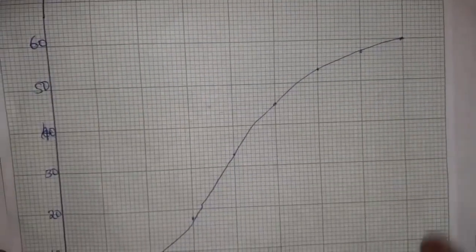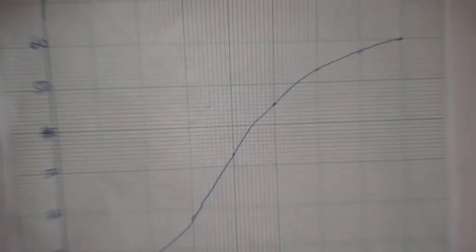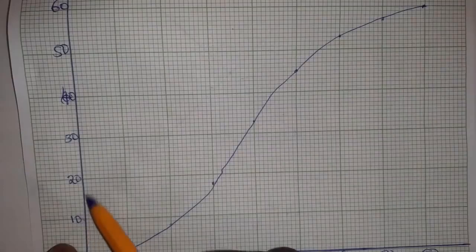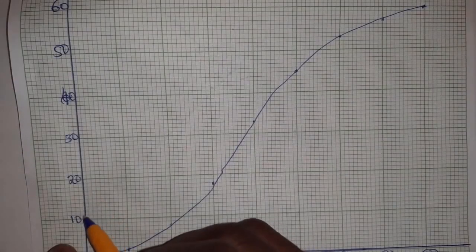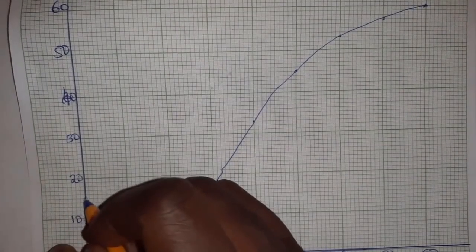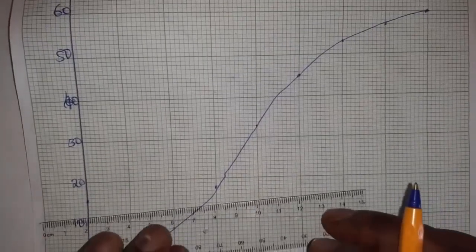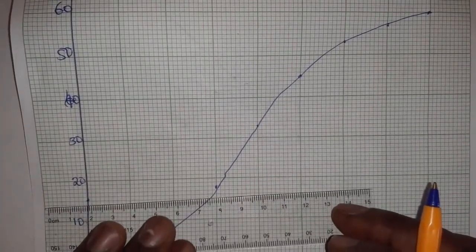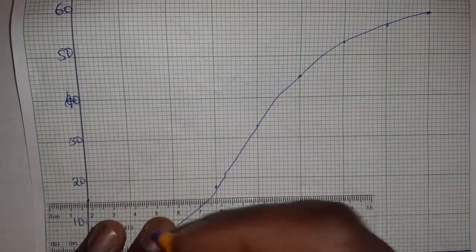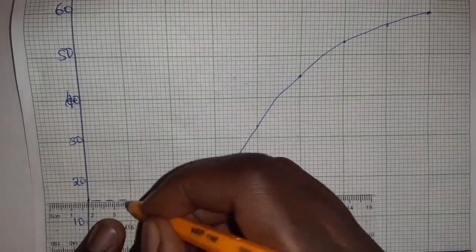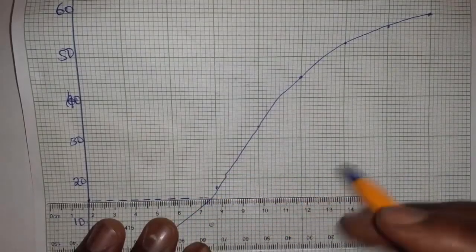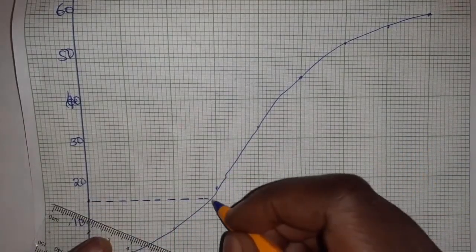Now, look at the way we are going to use them. Where's our 15 here? 15 is between 10 and 20. So this is 1, 2, 3, 4, 5. This is where our 15 is. So we do a dotted line like this. I hope you are seeing what I'm doing, ladies and gentlemen.